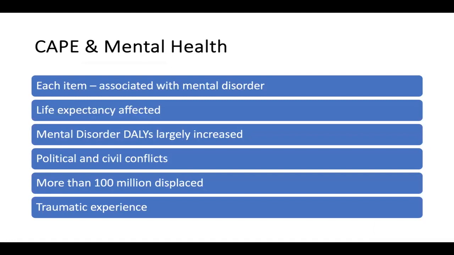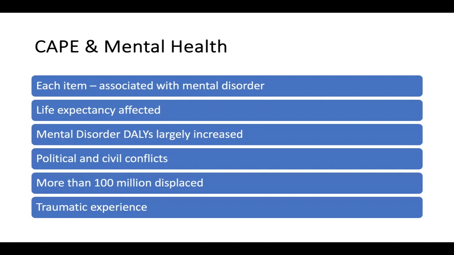The CAPE Index variables are associated with the prevalence of mental disorders globally. Life expectancy is affected by health-related variables such as environment, lifestyle, and access to healthcare services. Mortality rates may be due to both factors, medical conditions and death from injuries. The Global Burden of Disease study in 2019 showed that between 1990 and 2019, the number of disability-adjusted life years due to mental health increased by 44.5 million.